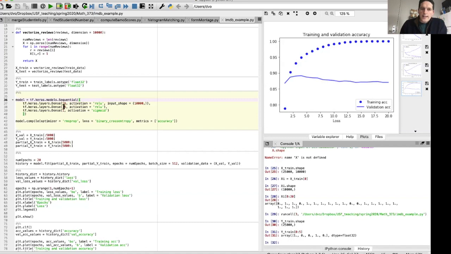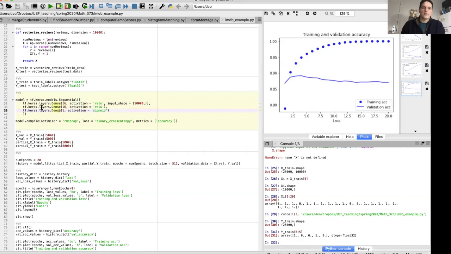Now we're defining here the second hidden layer, which also is going to have 16 nodes. Each node in the second hidden layer is also going to use ReLU. And then we're defining here the final output layer, which has only one node. This node uses the sigmoid function. Instead of ReLU, it uses sigmoid, just as we discussed.